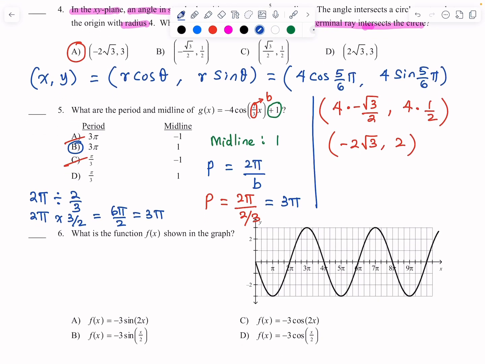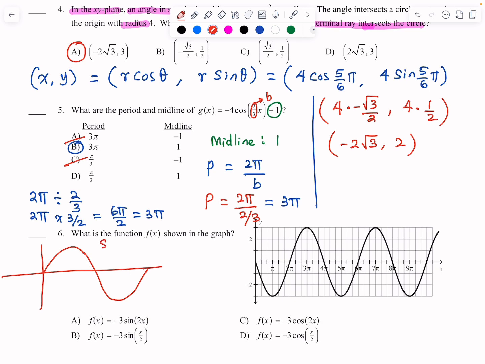Now let's go to question number 6. For question number 6, how do you solve question number 6? For question number 6, I have that graph, and I need to solve that graph. The first thing I want you to remember is your sine graph. Your sine graph is going to start from the midline, and then you go concave down and then concave up.